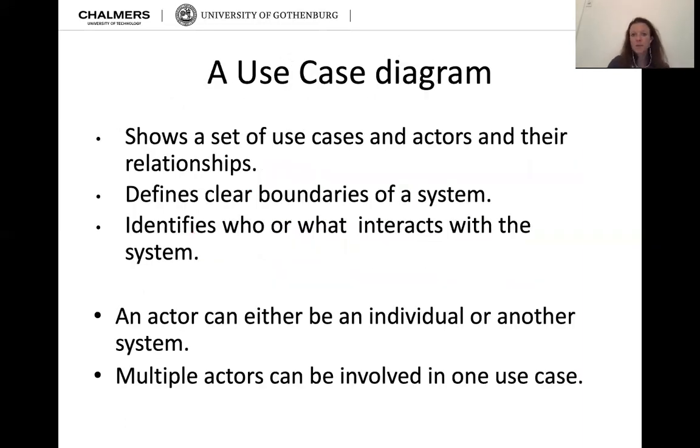The use case diagram then shows us a set of use cases and actors and their relationships. Those are the two examples that we just looked at. It defines clear boundaries of a system, and it also identifies who or what interacts with the system. An actor can then either be an individual or another system, as I pointed out, and multiple actors can be involved in one use case.